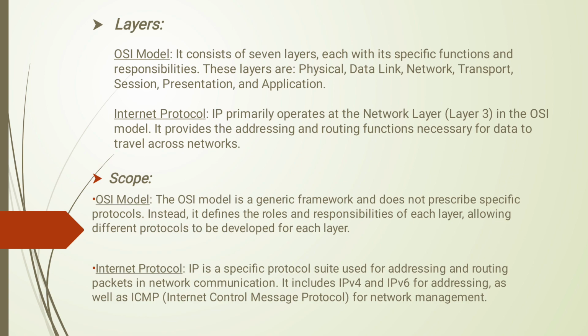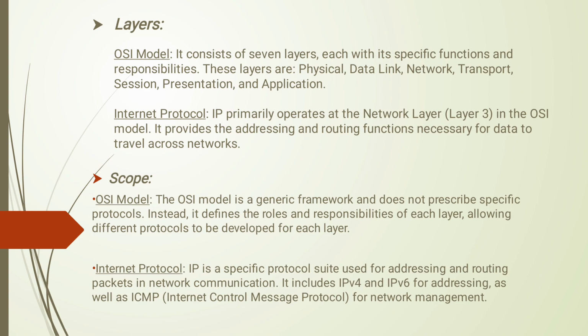And now the comparison of the scope. The OSI model is a generic framework and doesn't prescribe specific protocols. Instead, it defines the roles and responsibilities of each layer, allowing different protocols to be developed for each layer.